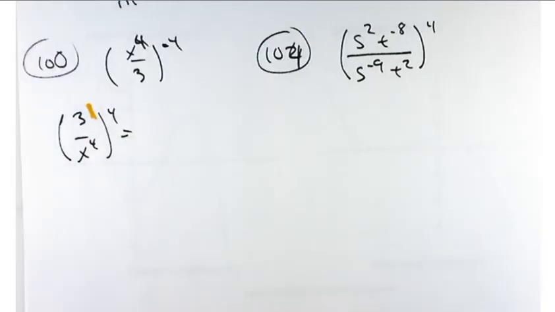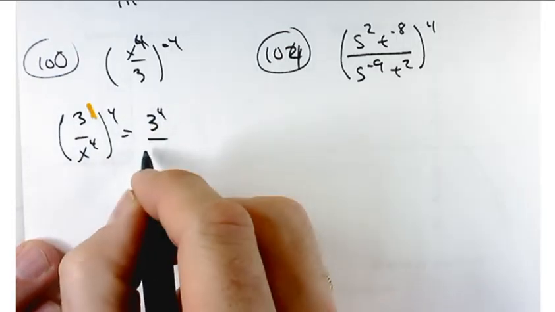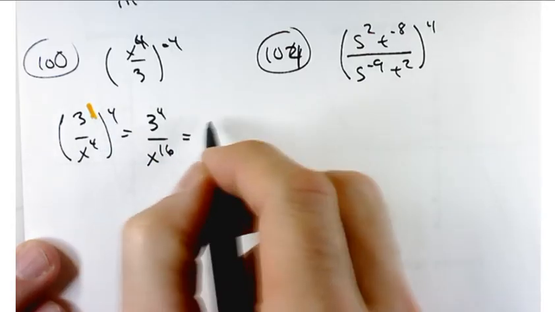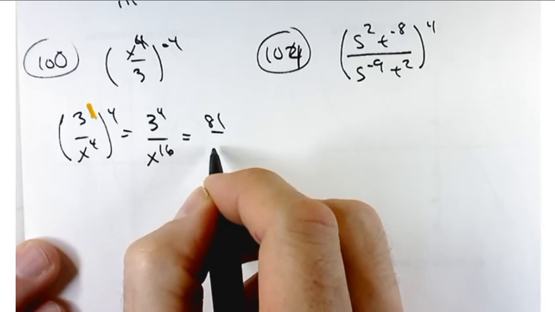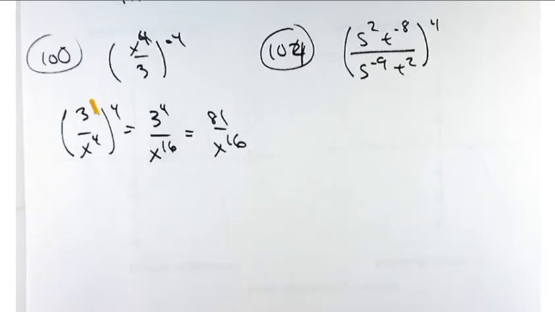It's going to multiply. Even though it's not really written, it's understood that there's a 1 here, so I get 3 to the 4th power over x to the 16th power, multiplying each by 4. 3 to the 4th power is 81. So 81 over x to the 16th is what I expect for problem number 100.